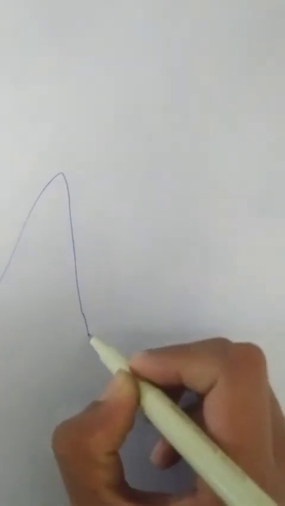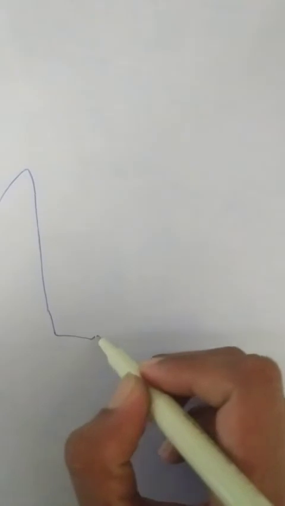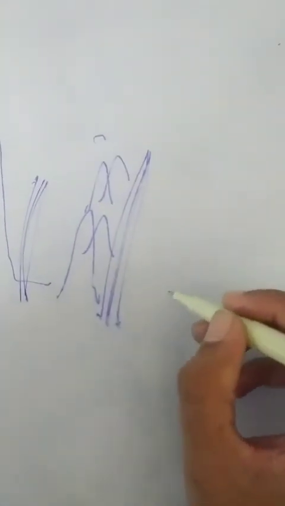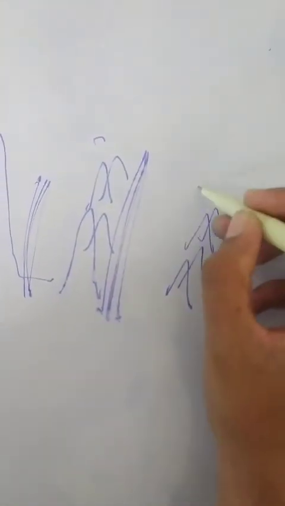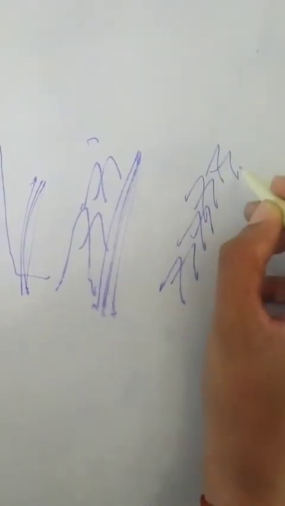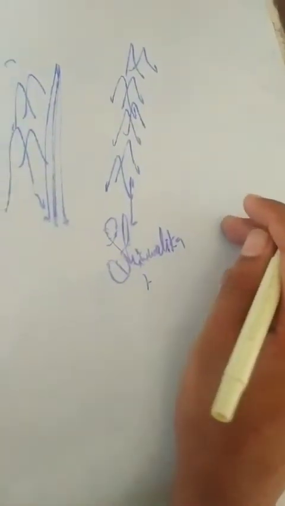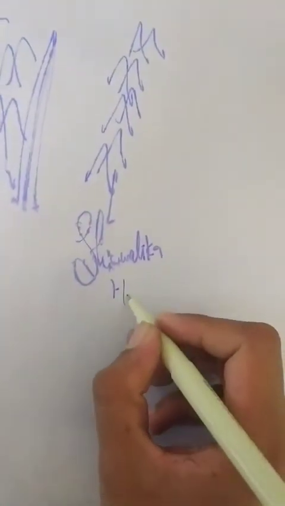This is the Great Himalayas, and beside it, the Shiwalik Himalayas were formed around 10 to 15 million years ago.